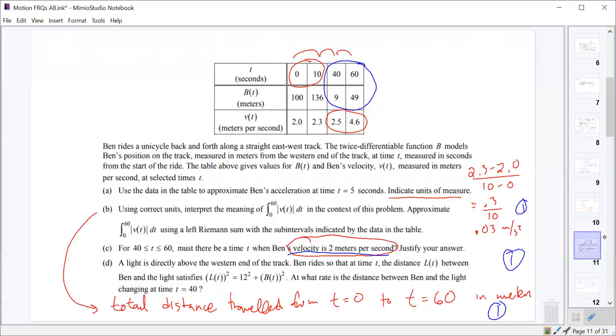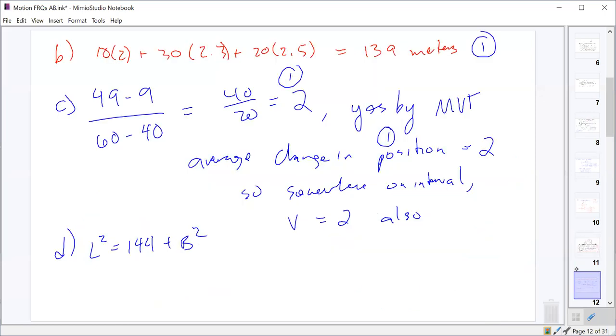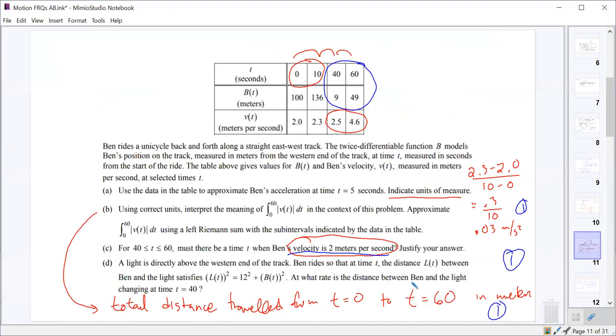I believe that's what it was, right? In order to figure that out, we're going to want to take a derivative of this with respect to t. At what rate is this distance changing? That's a related rate question.